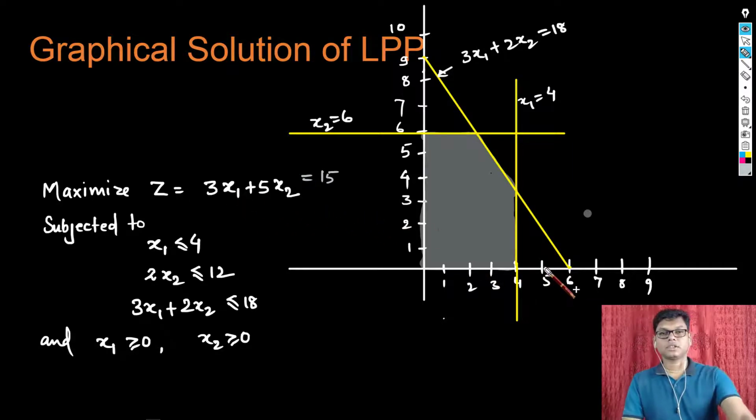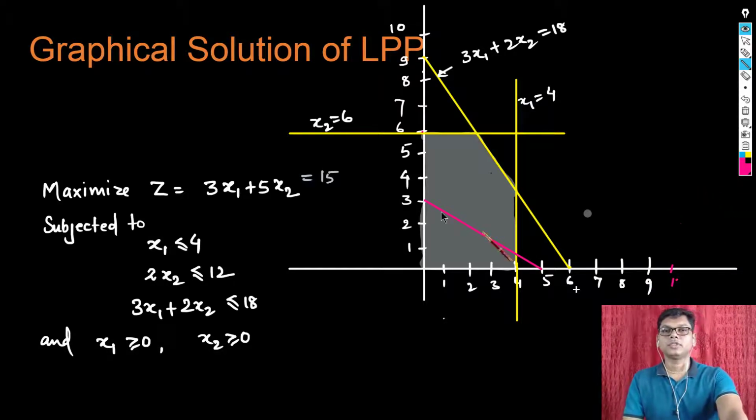Just draw the line through these points. This is the objective function line. Now as soon as you take 30, what will happen? x1 will be 6, here, and x2 will be 10, somewhere here.